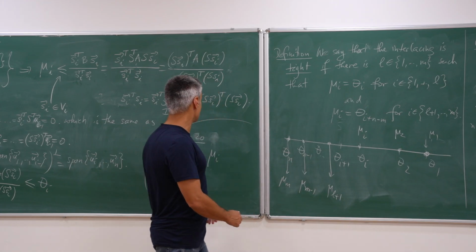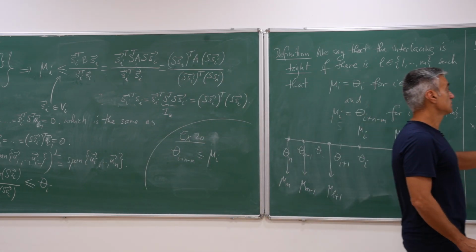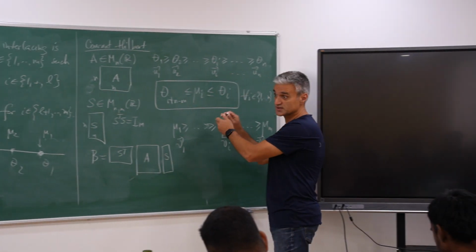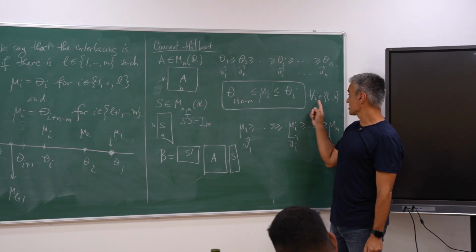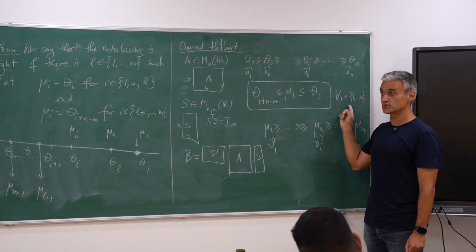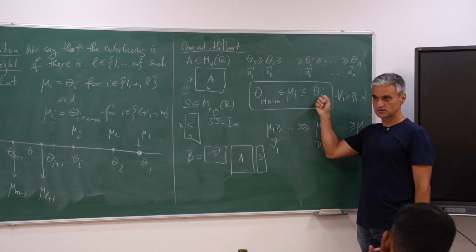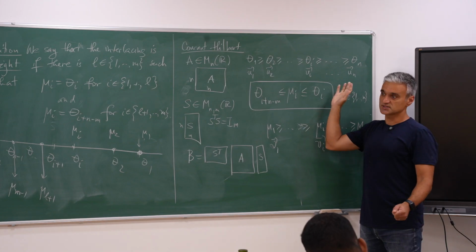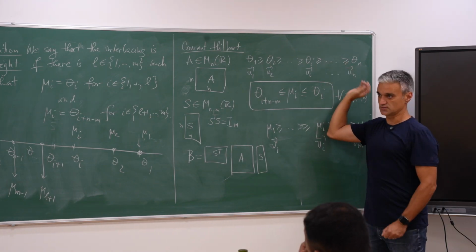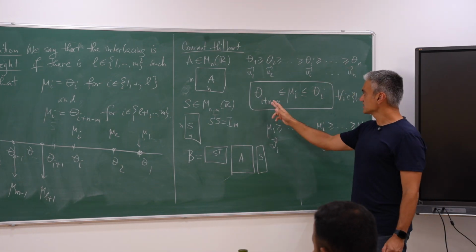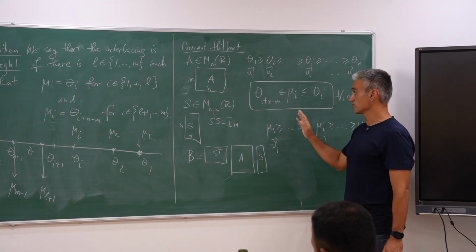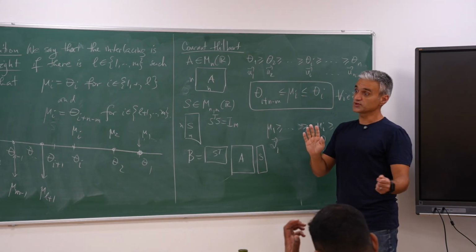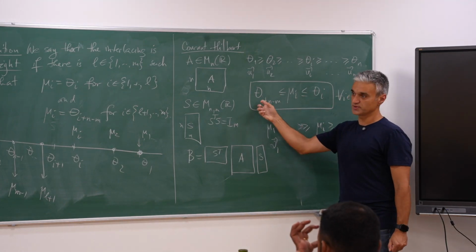Because you see, our inequality is this one. It's always guaranteed. So when you start from the top, from 1, 2, up to L, the mu i achieves its potential. It's as high as it can be. But when you look from the end, from m all the way to L plus 1, this mu i will be here.